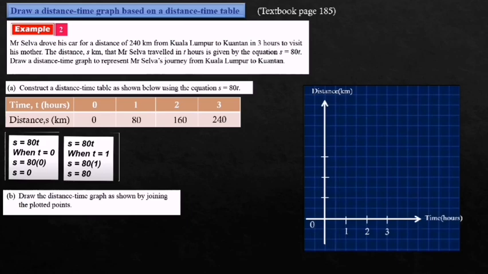So I just label it at the vertical axis: 0, 80, 160, and 240. We start to plot the points: 0, 0, 1, 80, 2, 160, and the last point 3, 240. And use your ruler to draw a line like this.